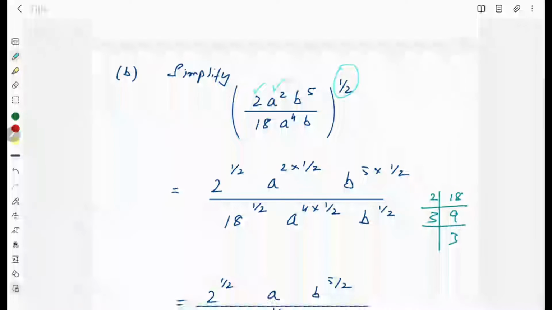Half will come on this. So this will be 2 raised to the power half, a raised to the power 2 into 1 over 2, b raised to the power 5 into 1 over 2, 18 raised to the power half, a raised to the power 4 into 1 over 2, and b raised to the power 1 over 2.